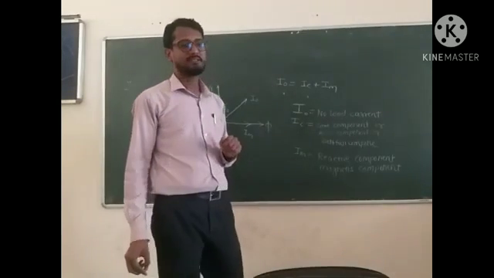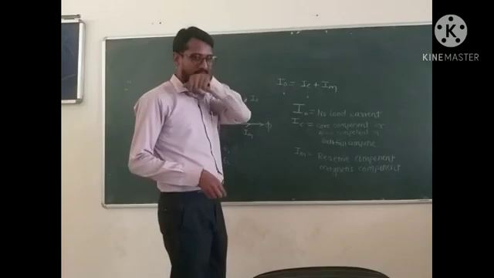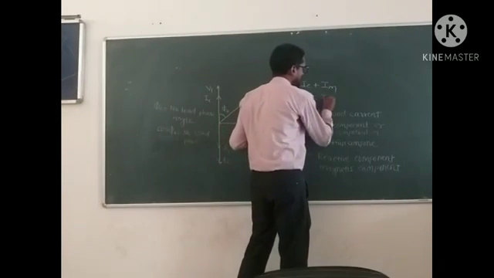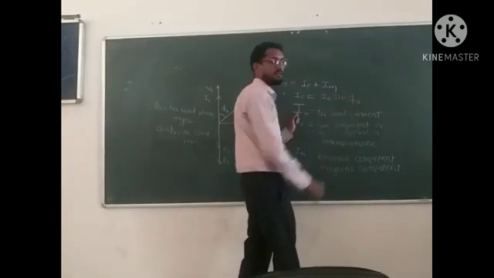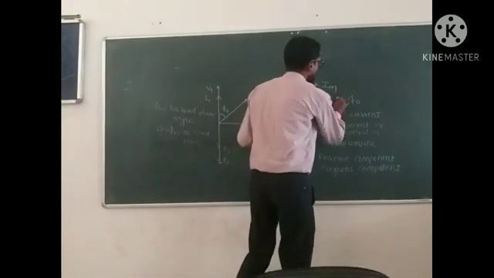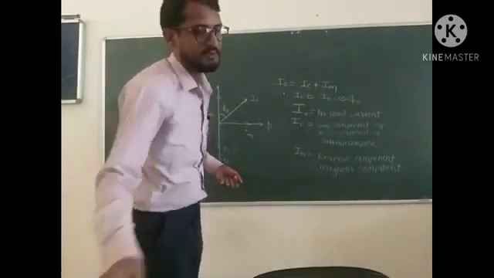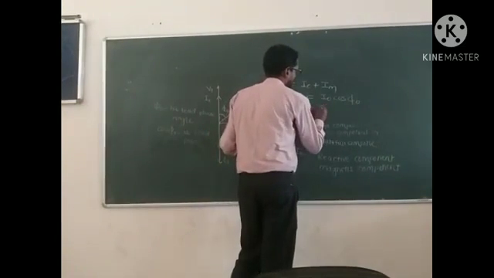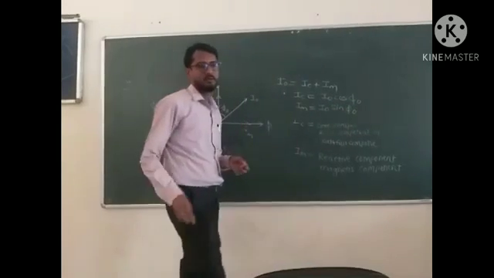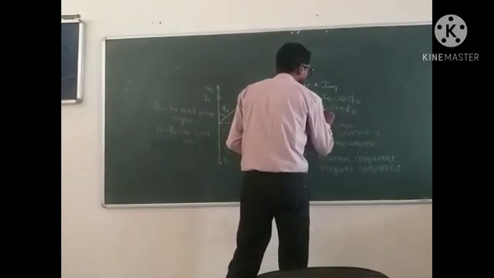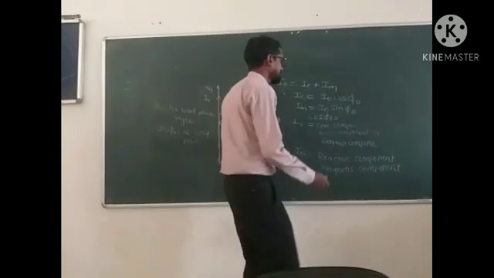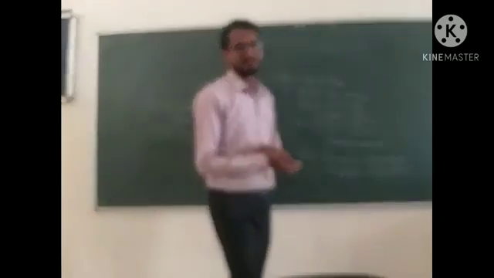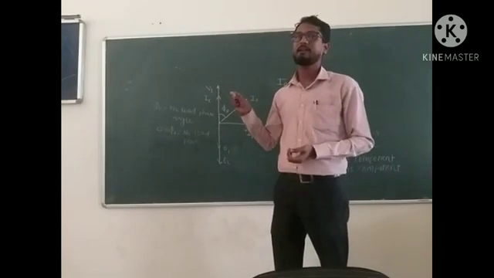The core loss component IC equals I0 cos of phi 0, and IM equals I0 sin of phi 0, and the power factor cos of phi 0 equals IC upon I0.